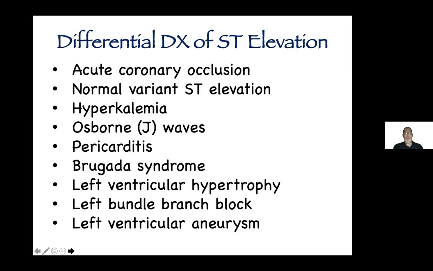So when you look at this differential of ST elevation, I put acute coronary occlusion at the top just because it's with A. But acute coronary occlusion is not the most common cause of ST elevation on the EKG. There are far more common causes, whether it's just a normal variant ST elevation or what we call benign early repolarization, hyperkalemia.